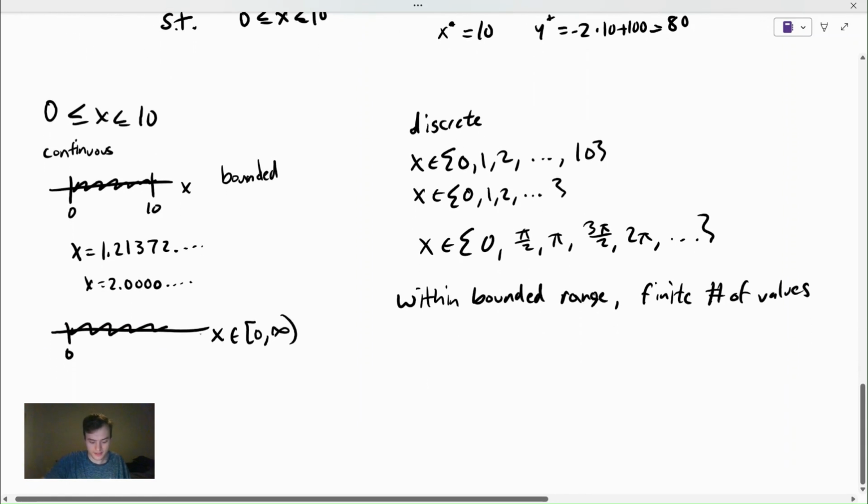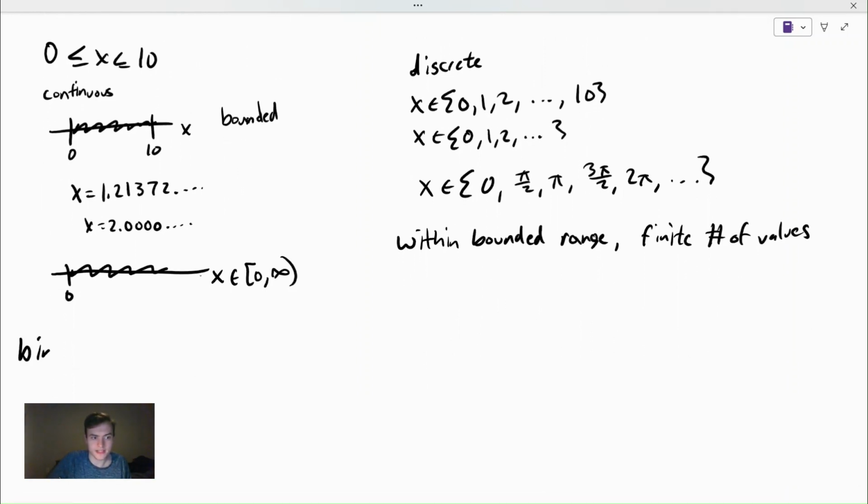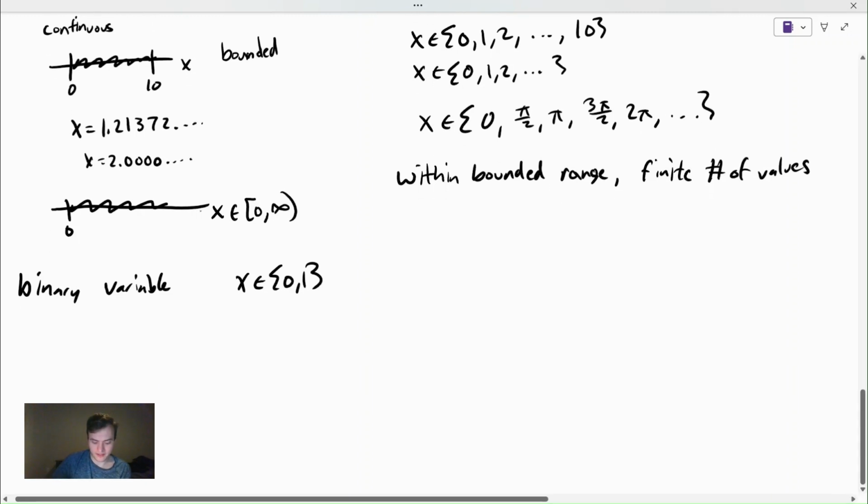And then within discrete variables, there's the special case called binary variables. And so that's when there's only 2 possible values, like x exists in {0, 1}. So no matter what these mean in real life, we could have 0 represent one value and 1 represent the other value. For example, we could say x equals 1 if it's sunny outside and 0 if it's not sunny.